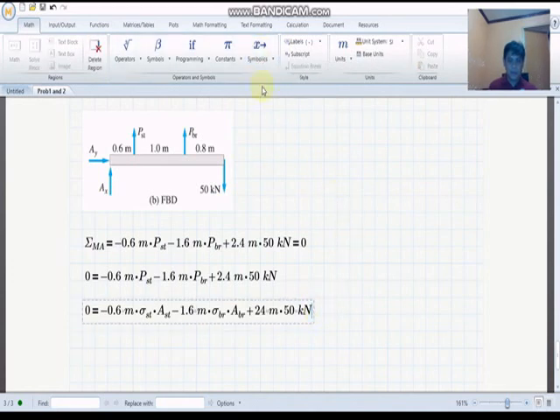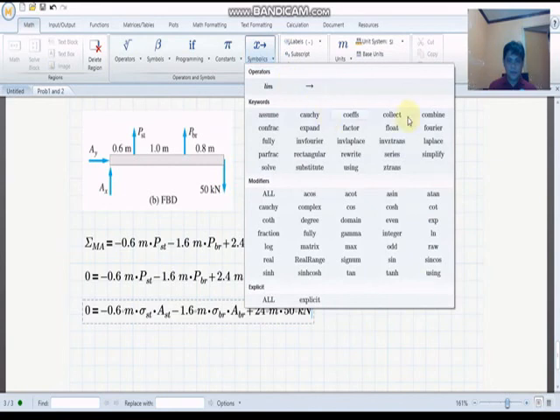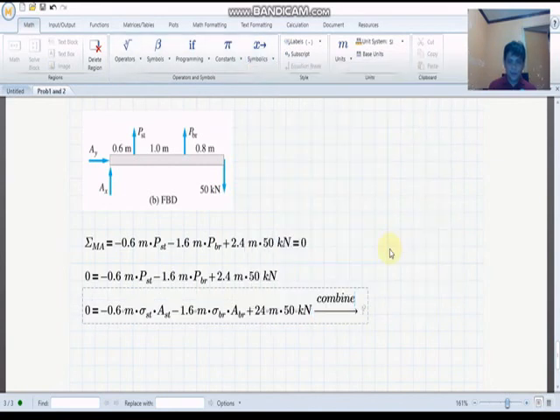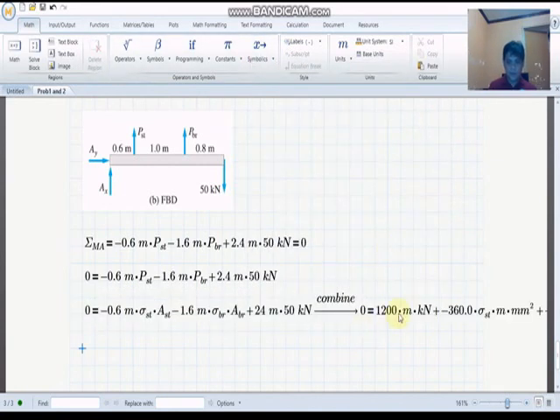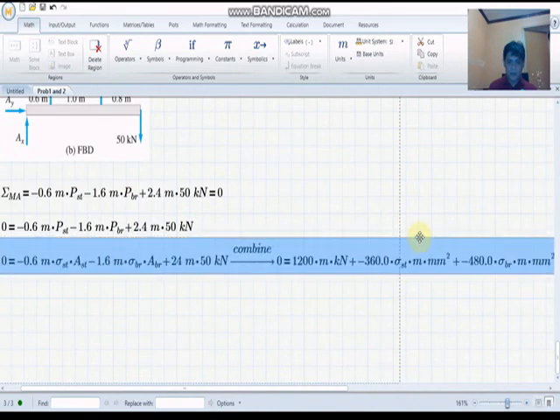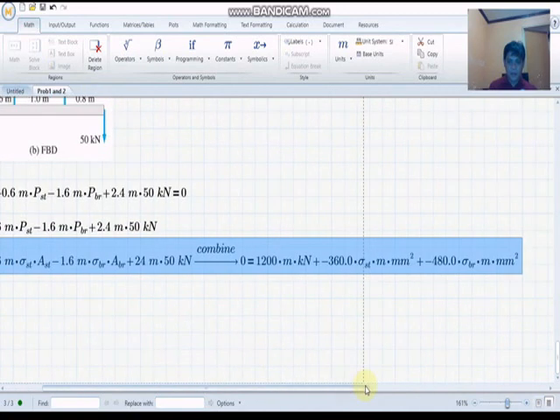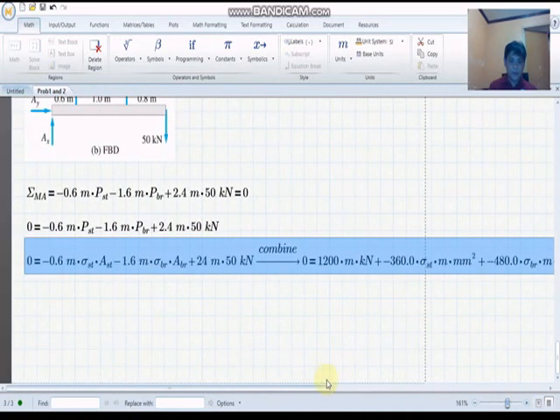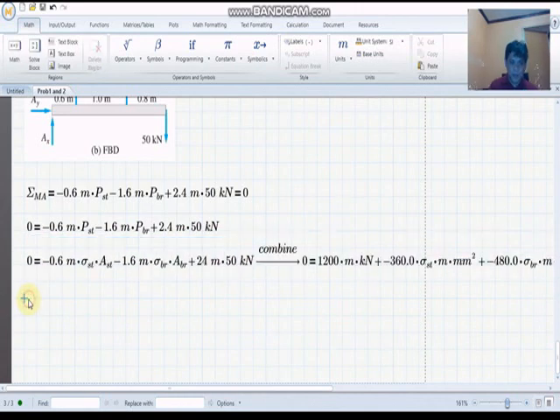So let's combine this one, so that we can have a shorter equation. So we have now, let's write this one 0.